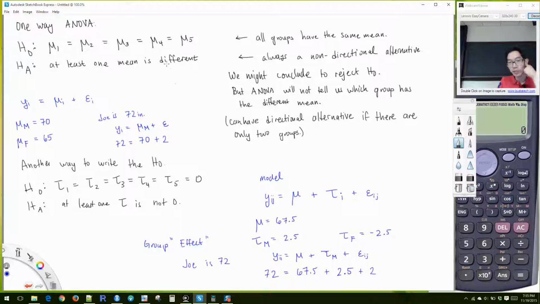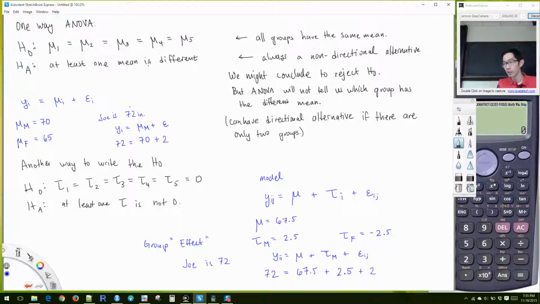For one-way ANOVA, either of these are fine, whether you write your null hypothesis this way or this way. It's just that as soon as your ANOVA gets a little bit more complicated, you almost always have it written in this way, because we don't make means for every single group.